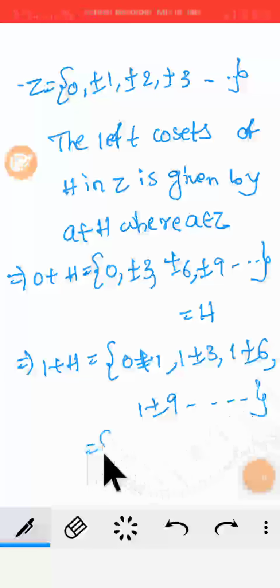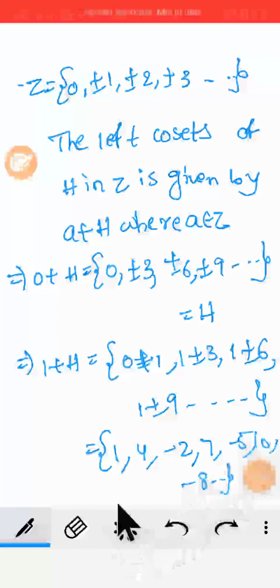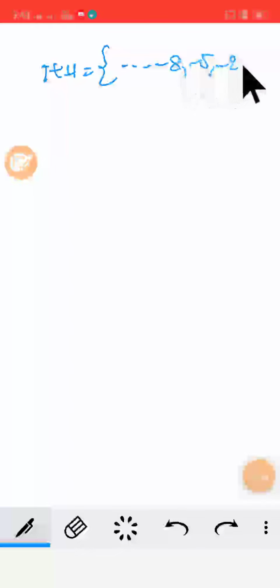Here 1 plus 3 is 4, 1 minus 3 is minus 2, 1 plus 6 is 7 and 1 minus 6 is minus 5, 1 plus 9 is 10, 1 minus 9 is minus 8, and so on. This is 1 plus H equal to minus 8, minus 5, minus 2, 1, 4, 7, and so on.